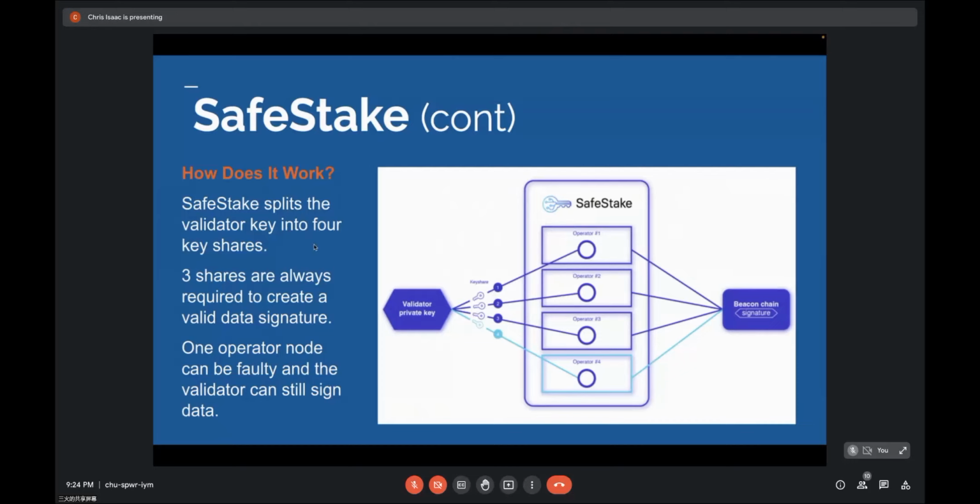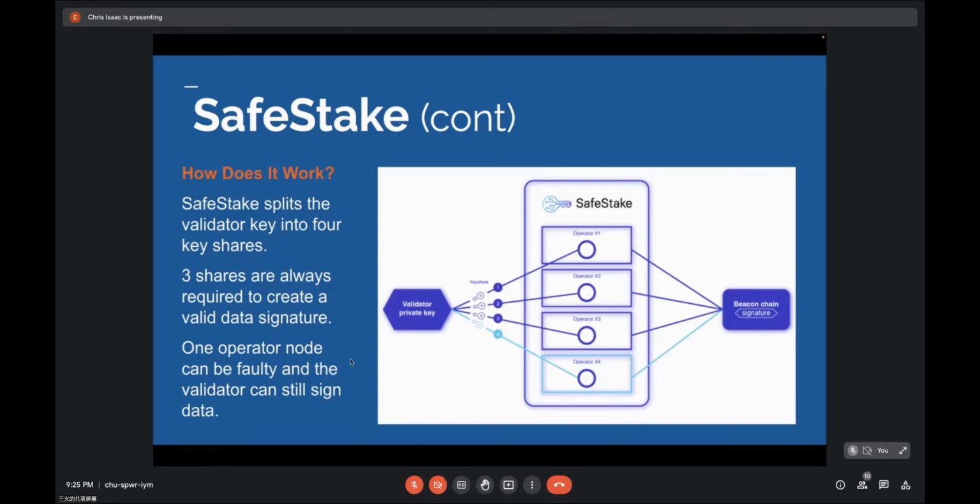And when I say valid data signature, the signature is equal to that of the original validator key when 3 shares can come together, provide the secret, and get the information for the signature. So what does this mean?